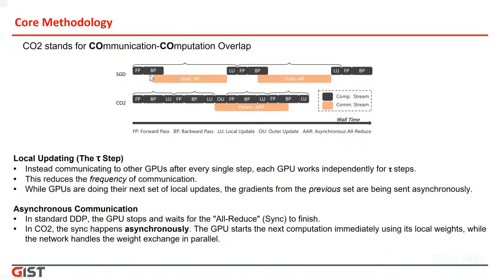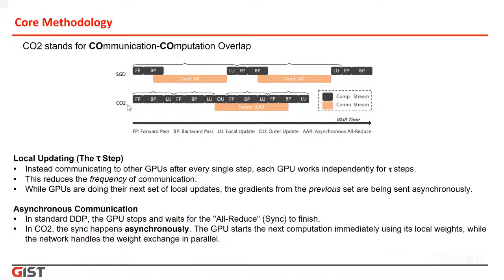In normal training, first there is a forward pass and backward pass, and then a gradient all reduce operation is applied to synchronize all the gradients, and then this global gradient is updated locally by every GPU, and then in the next step, the forward pass and the backward pass happen.